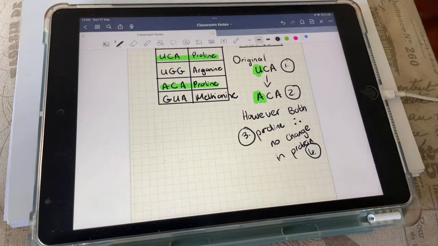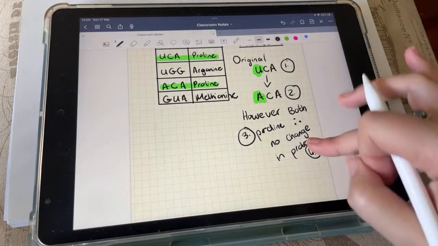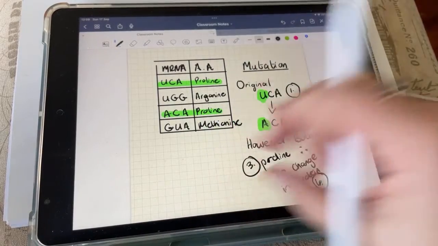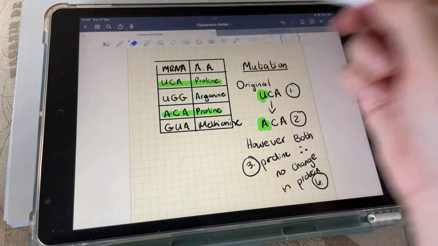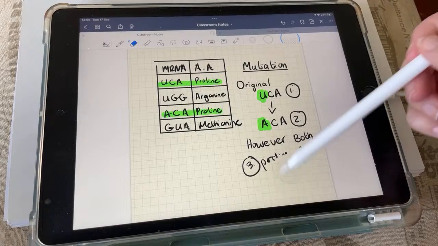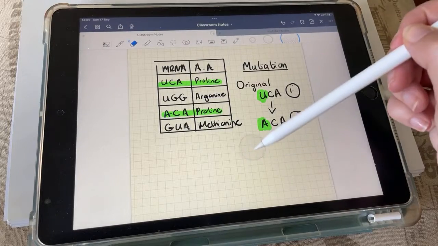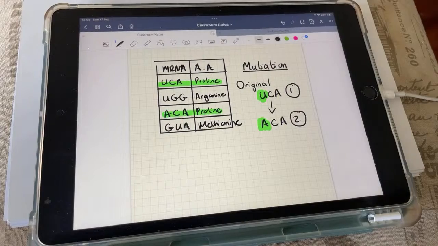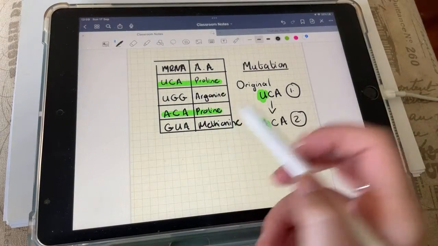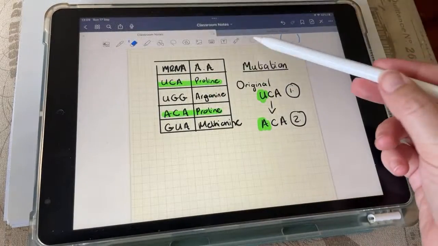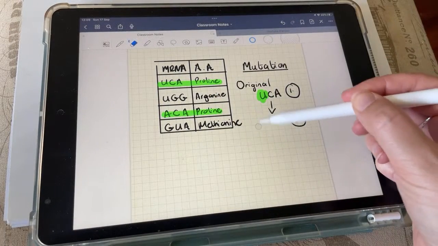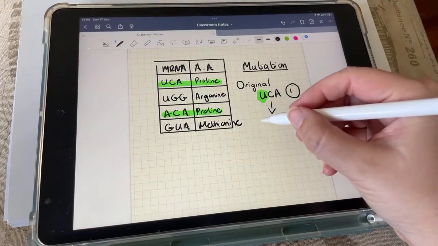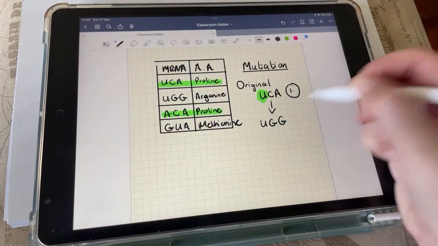However, if there is a change, so let's say the mutation occurred and the amino acids were different, how do you explain that? If they say, what is the implication of changing the codon? Well, now what you need to do is, if this was different, let's say it became this other one, UGG.